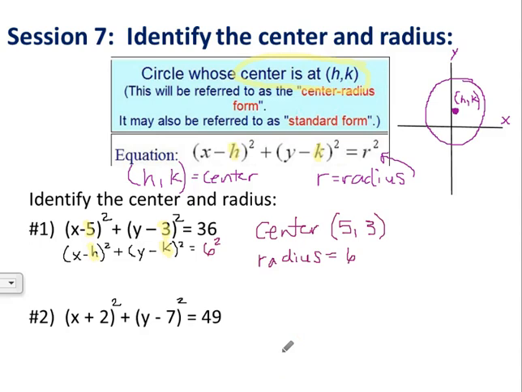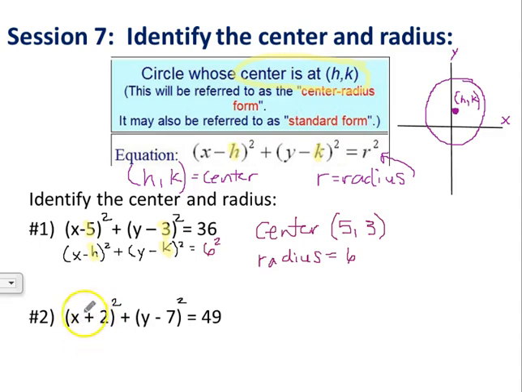So write this example down so that you are going to see problems just like that this week. And you're going to get some more practice with it as well. So looking at the second equation, this one's really important because we've got (x plus 2) squared plus (y minus 7) squared equals 49. So see if you can identify the center and the radius.